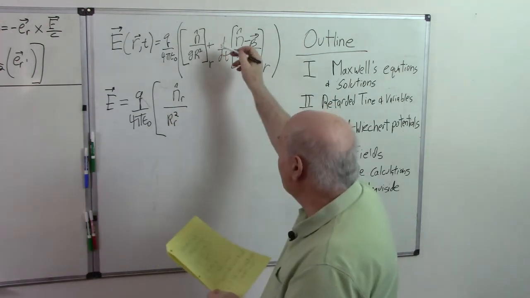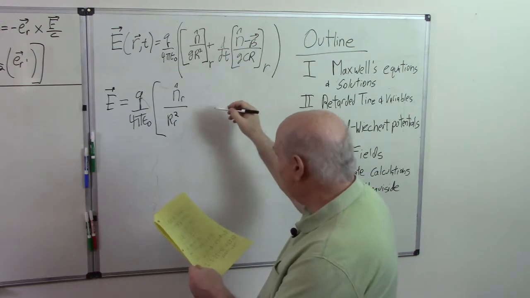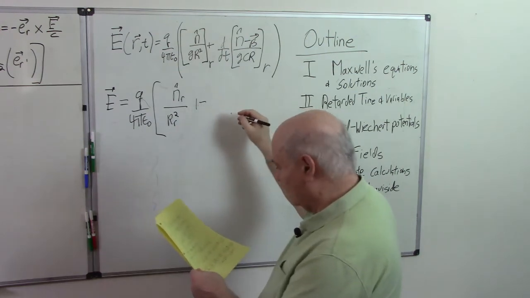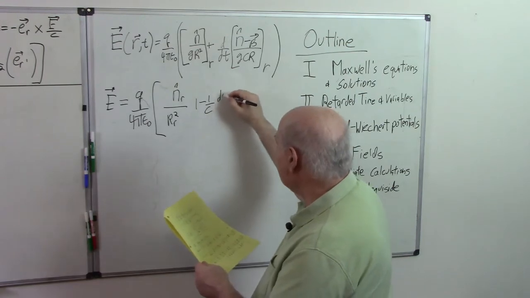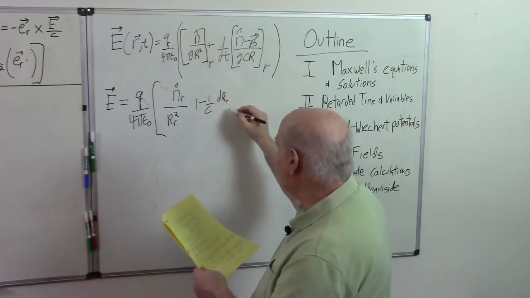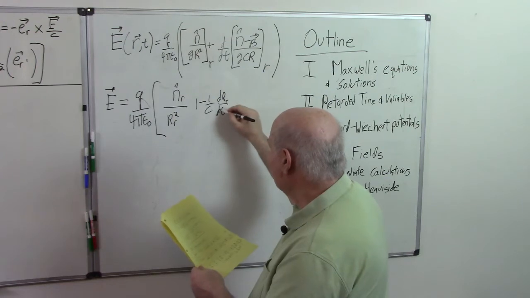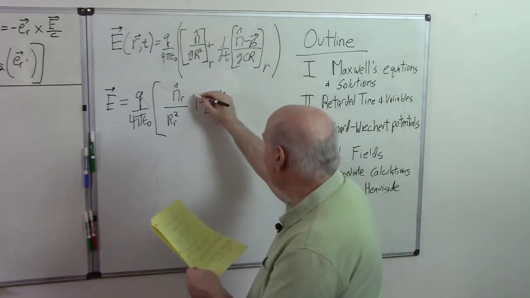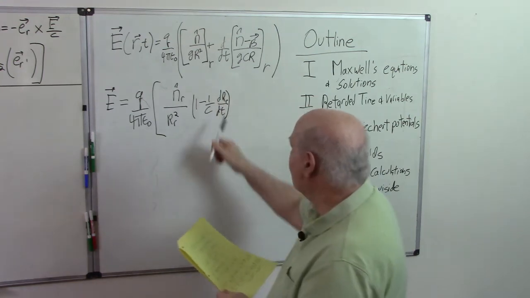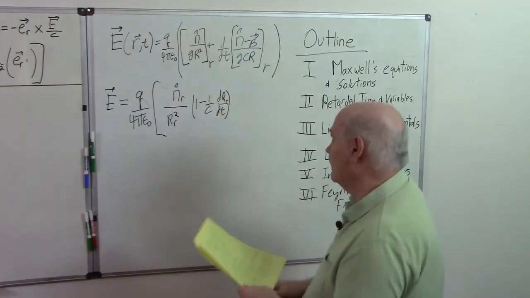And then we have a 1 over g here, and we can use that formula which we derived last time, 1 minus 1 over c d r_r dt. Okay, so this is like a Doppler correction factor.